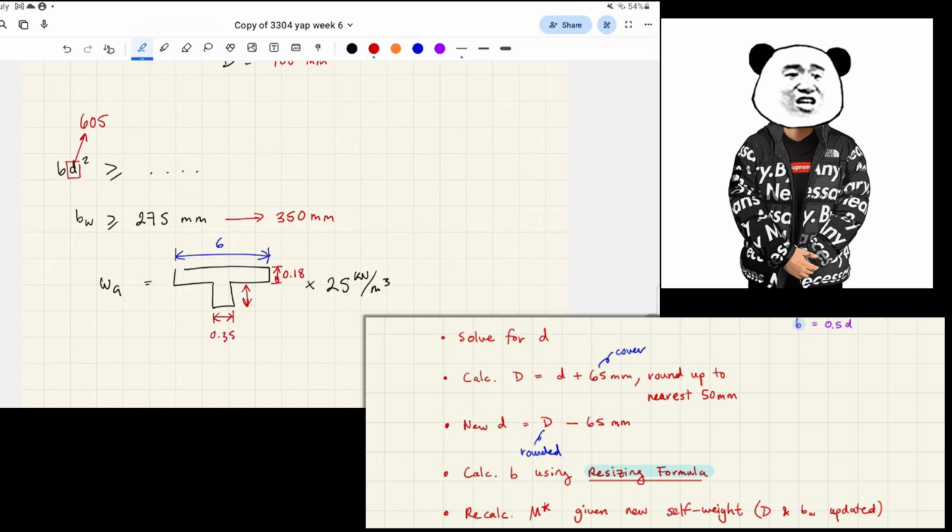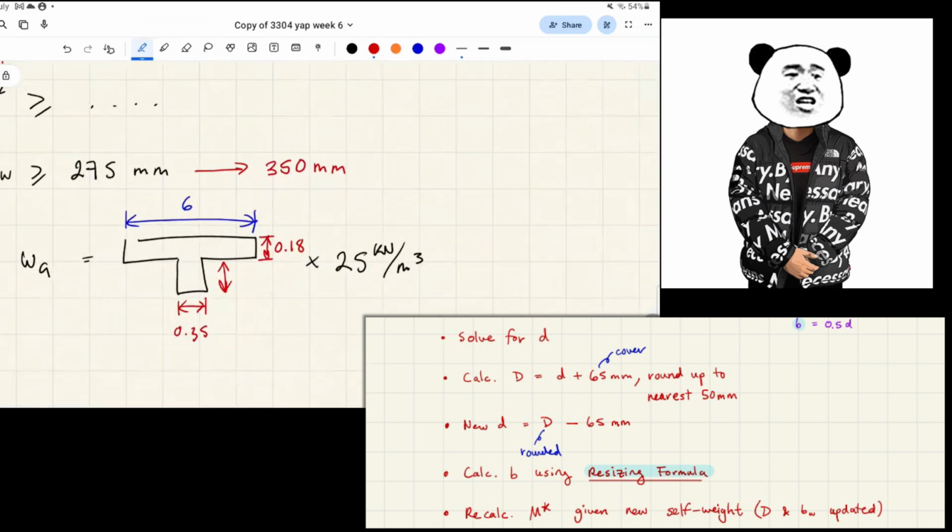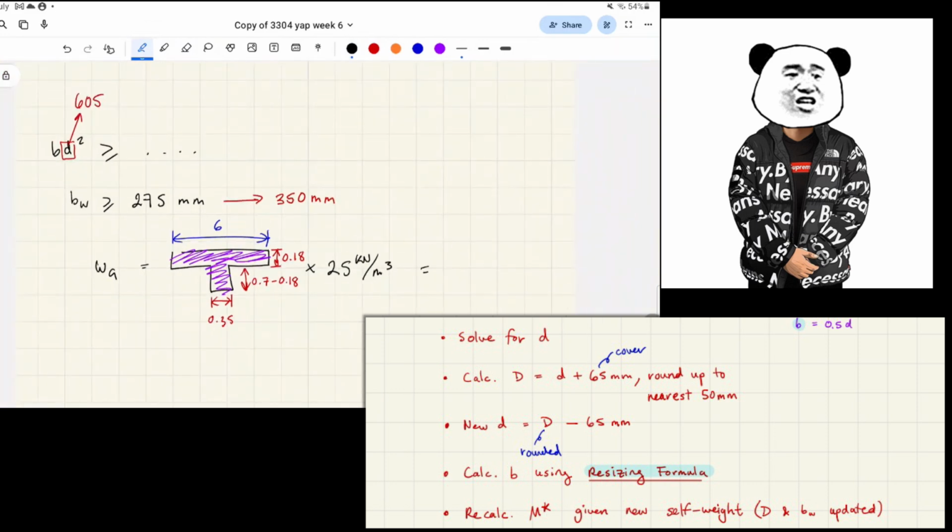This one is the overall depth, which was 700. So 0.7 minus that slab width, right? And then we find that area, multiply it, and we get 31.55 kilonewtons per meter, right?